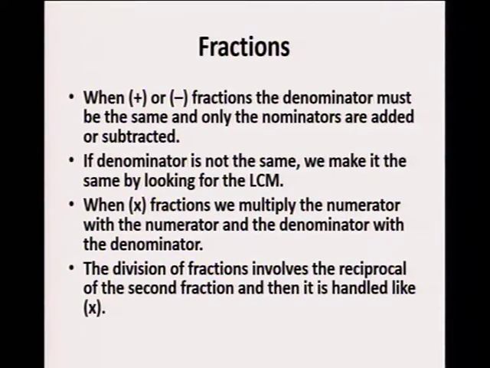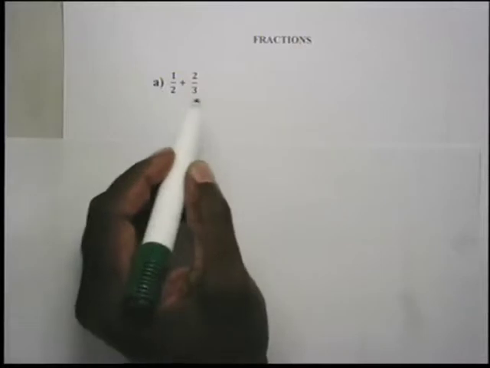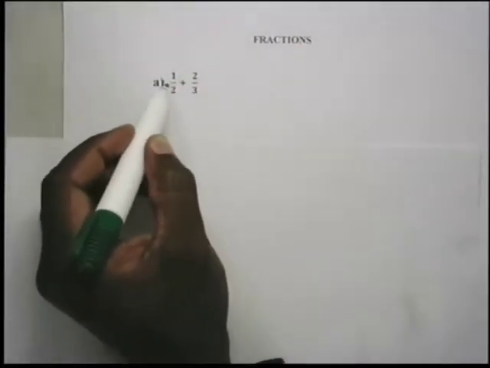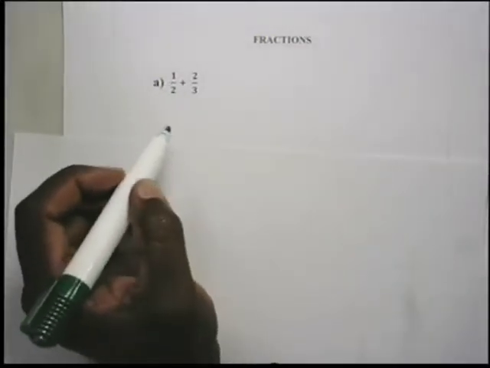Suppose we are given the fraction that is now on our display, which is 1 over 2 plus 2 over 3. These are two fractions that we are looking at. The top part of any fraction is called the numerator, and the bottom part is called the denominator.